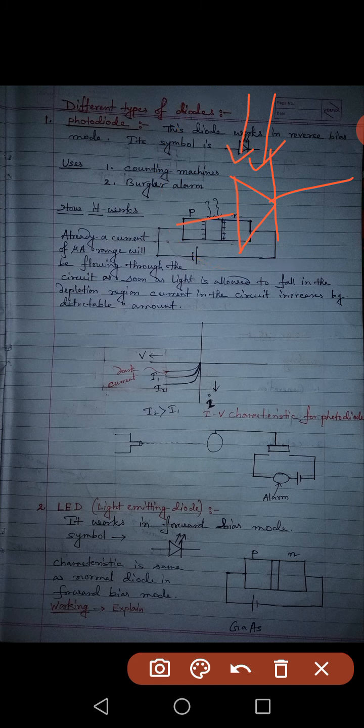Now how it works and where it is used. Generally it is used in counting machines, then burglar alarms. How it is used, we'll discuss, but before that let us see how it works. We know that when this photodiode is connected in reverse bias mode, the depletion layer in between the p-n junction gets thickened, right?